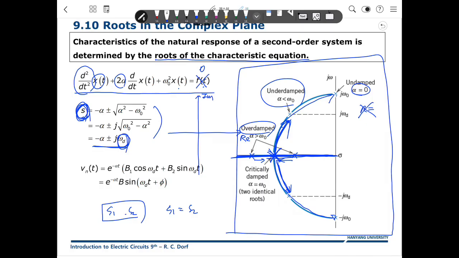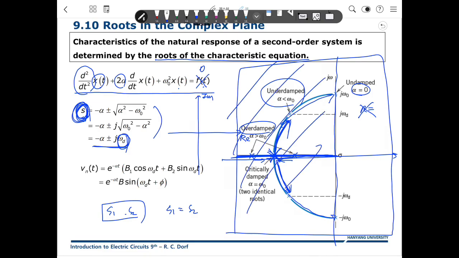So this is a very useful method to represent the characteristics of second-order differential equations. Especially when the root S is placed in the left half of the complex plane, that means alpha is positive, so exponential of minus alpha t decays. As t goes to infinity, the variable goes to 0.